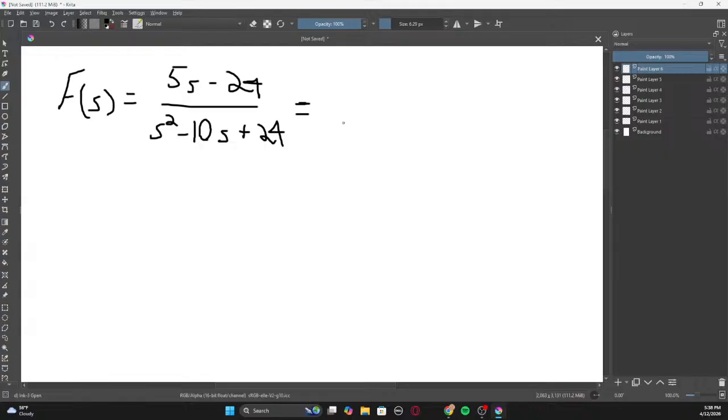So this is equal to, let's see, s minus 5 squared at the bottom minus 1, all over, s minus 5 times 5, then plus 1.